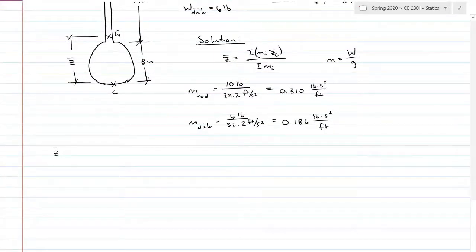So Z bar is equal to 0.310 times, let's see, that's the rod, so I need 8 inches plus 14 inches divided by 2. So that goes all the way up the disc and then halfway up the rod, and then plus the disc, 0.186 pounds second squared per foot.